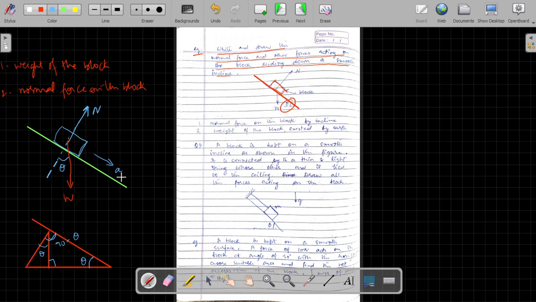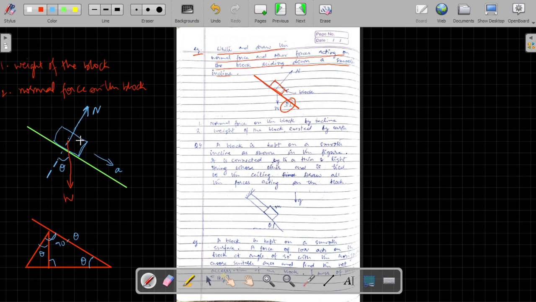It is going to move in some time, but for now it has some acceleration along the incline, which we have marked in the figure. There is no force which is going to prevent this acceleration of the block in the downward direction.